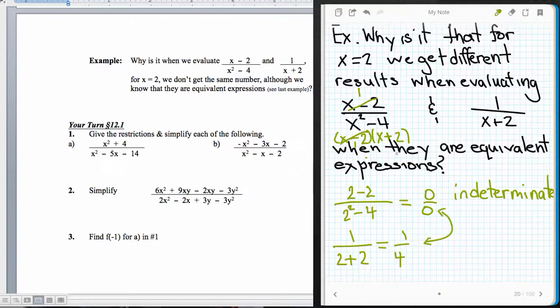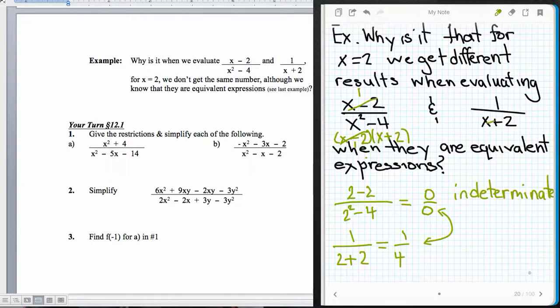But yet those are equivalent expressions, so we need to make sure that we find restrictions first, because even though they're equivalent, this one had a restricted domain that this one would not take into account.